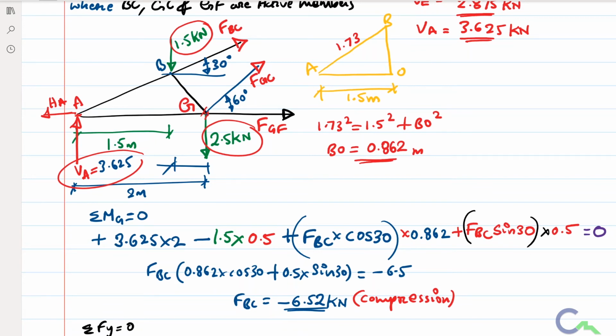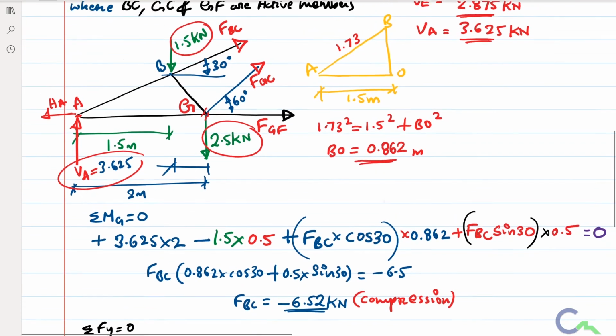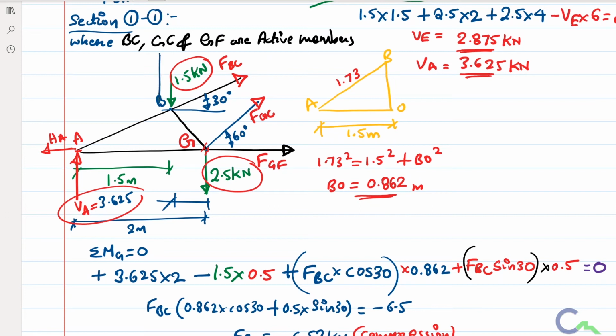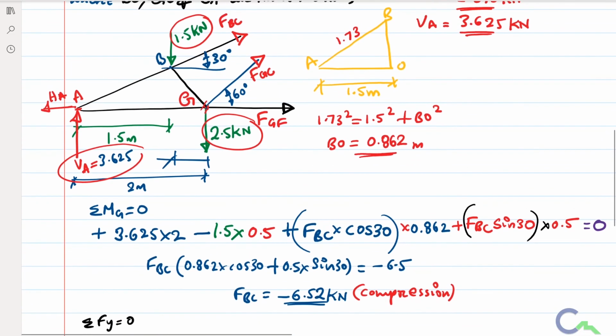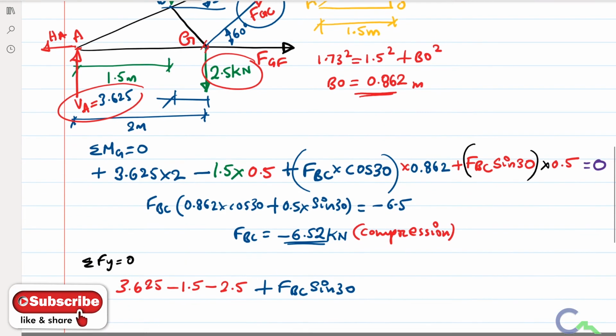Then the vertical component of FBC is going to move upward like this, therefore positive. So I will take plus FBC sine 30 because the angle is given with respect to horizontal. Then FGC, if I resolve in vertical direction, is going to move upward, therefore that is positive.